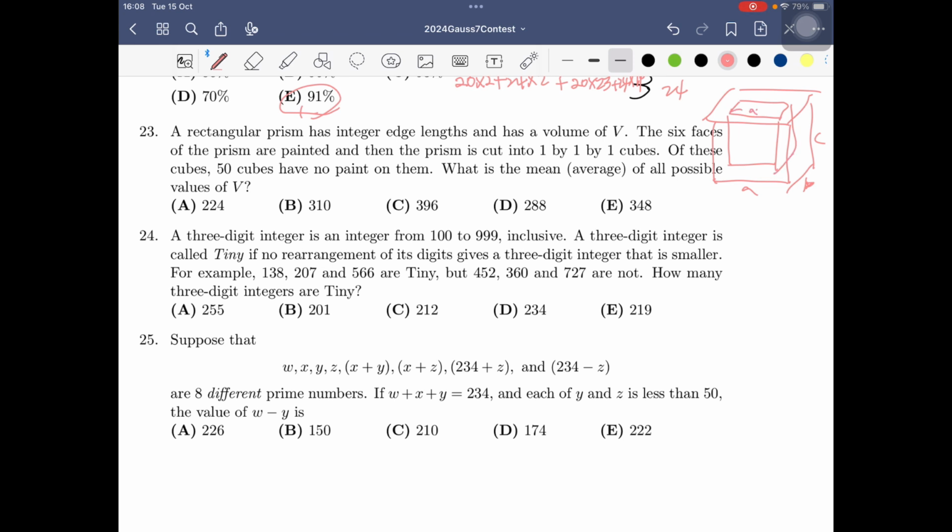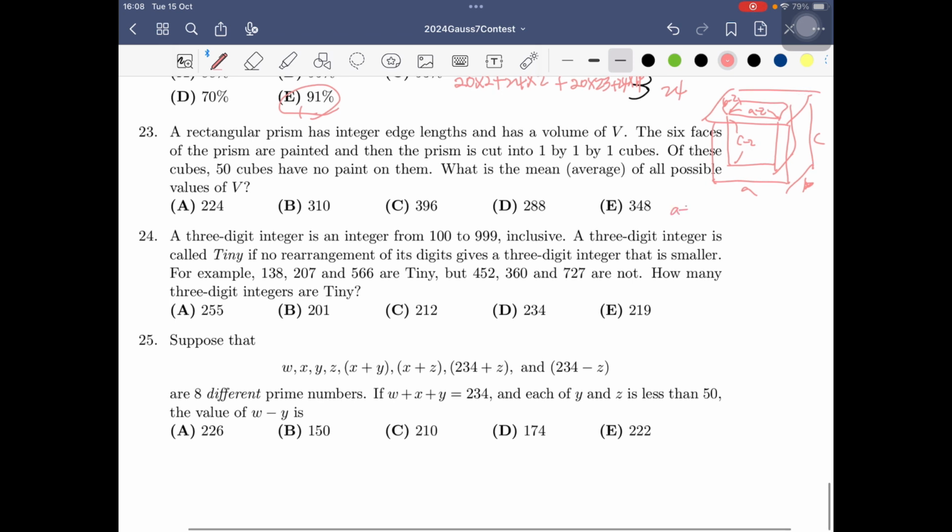So this one may be A minus 2, because from the edge 1 and 1, so this will be A minus 2, and this is B minus 2, and this is C minus 2, which is just subtracting the cubes that have any paint on them.